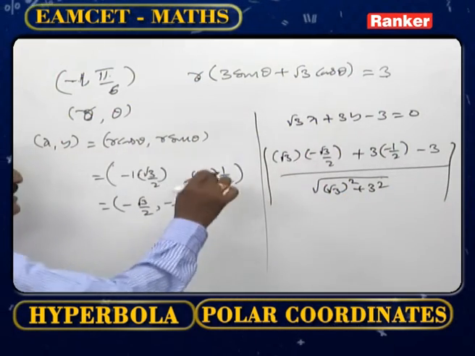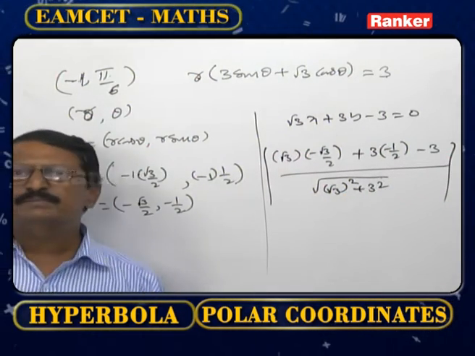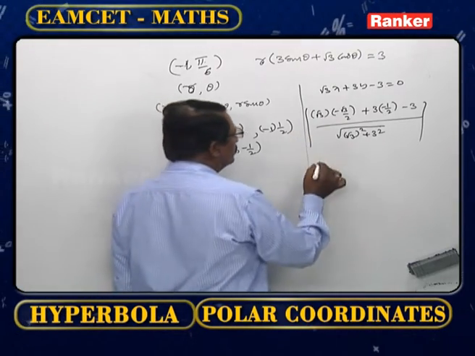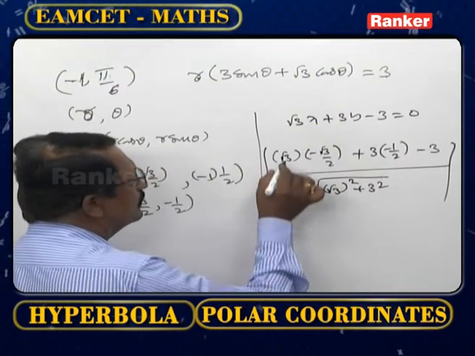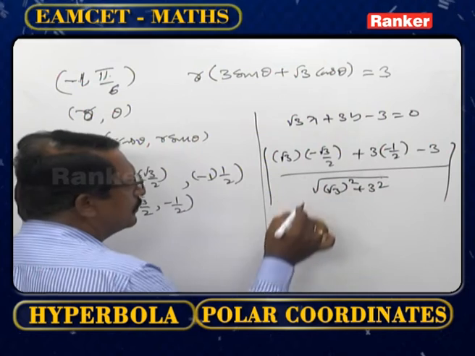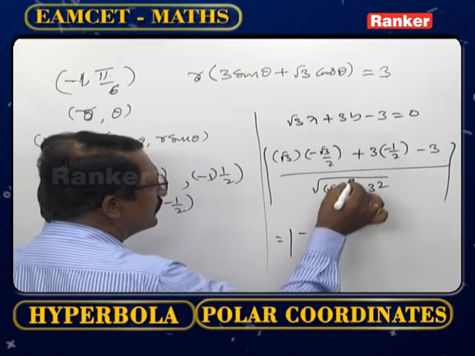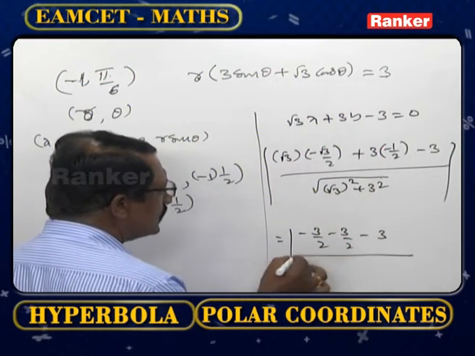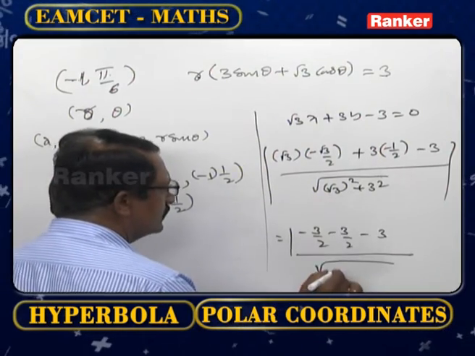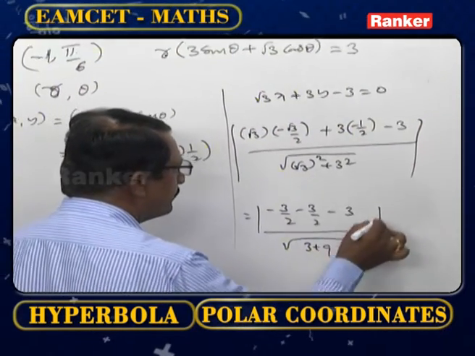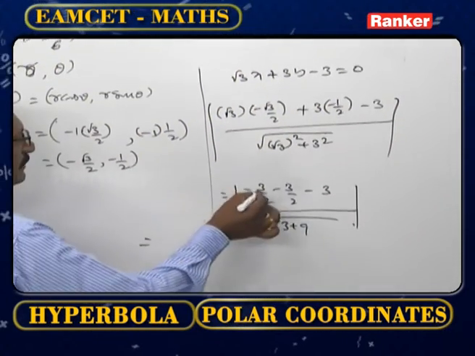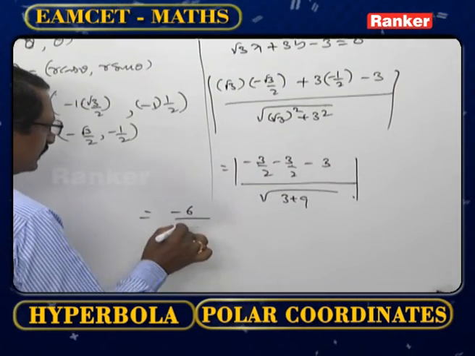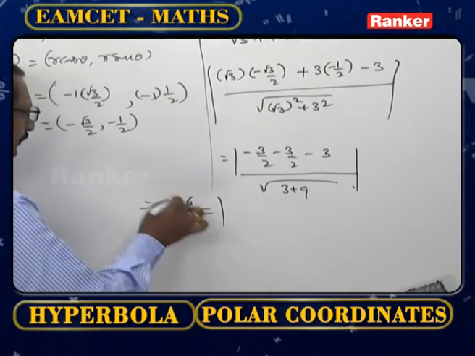Now the perpendicular distance formula is a x1 plus b y1 plus c by square root of a square plus b square. Further simplifying, we get root 3 into root 3, 3, minus 3 by 2 minus 3 by 2 minus 3, whole by square root of 3 plus 9, that equals minus 3 by 2 minus 3 by 2 minus 3, minus 6 by square root of 12.